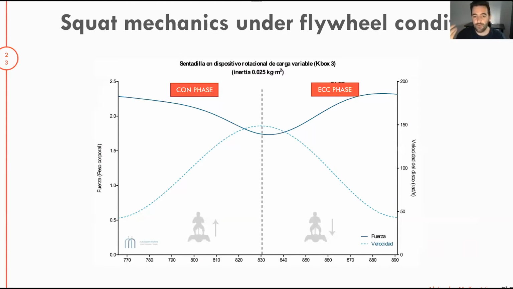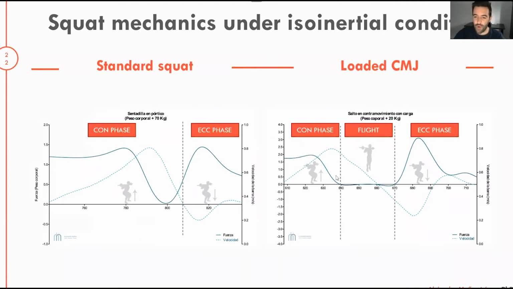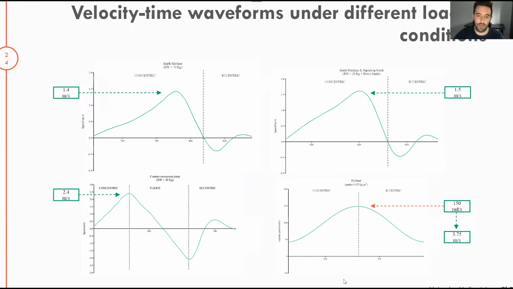So it's good to start to understand and to compare both kinds of speeds. What we can see here is that the peak speed is always achieved at the end of the concentric phase, let's say between the transition of both phases. So if we talk about specificity, we see that the flywheel device is more related to an isoinertial exercise with a flight time, so you can delay this kind of peak.